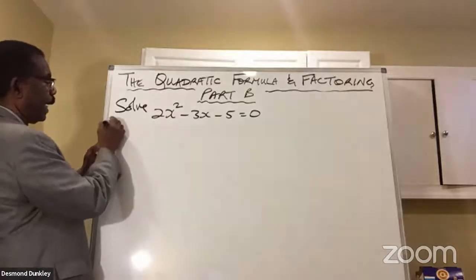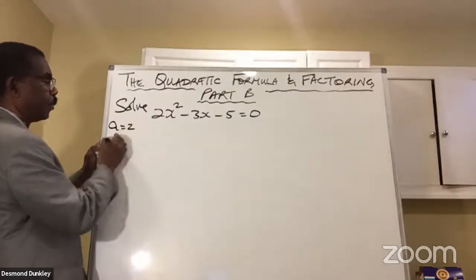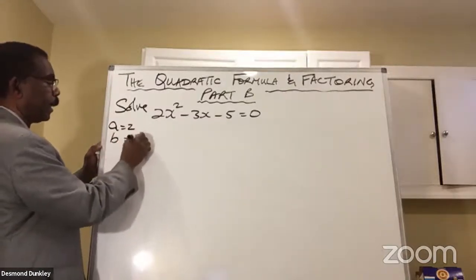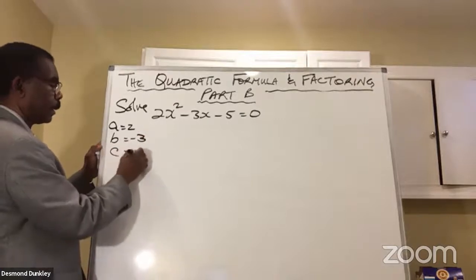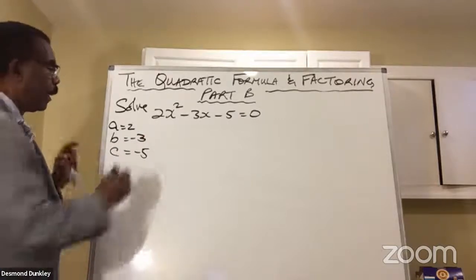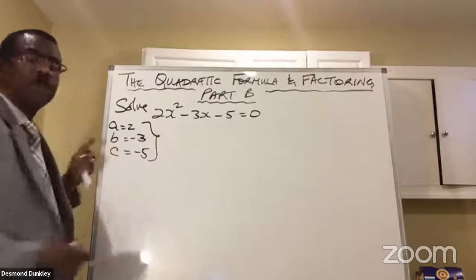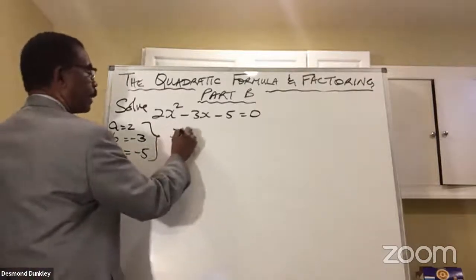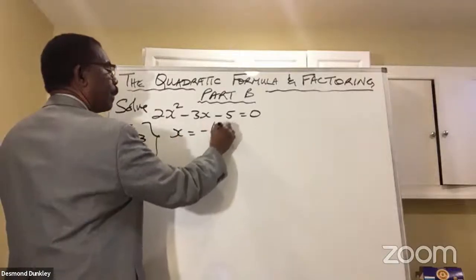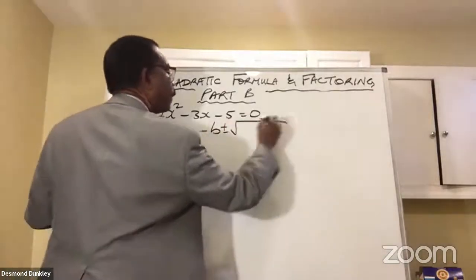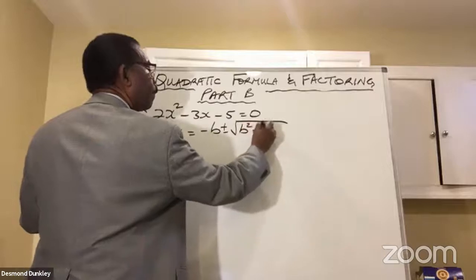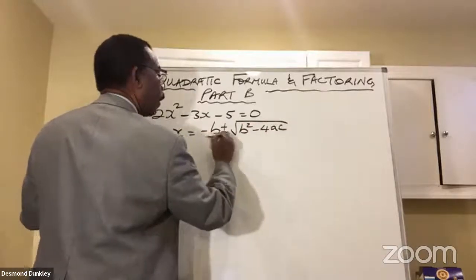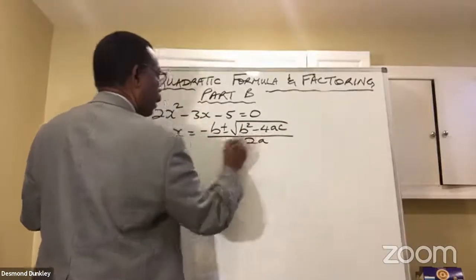In this case, a is equal to 2, b is equal to negative 3, c is equal to negative 5. And I just need to plug those into the quadratic formula. x is equal to minus b plus or minus the square root of b squared minus 4ac all over 2a.